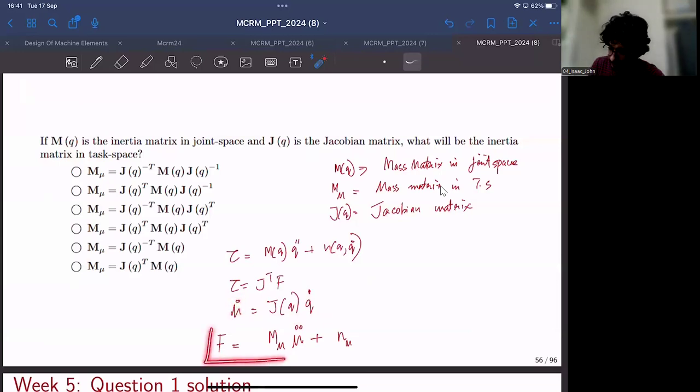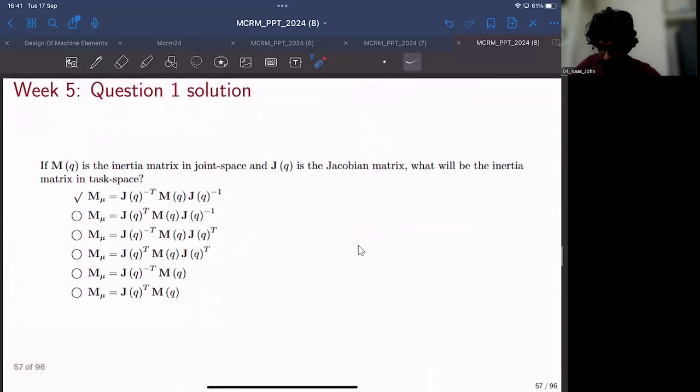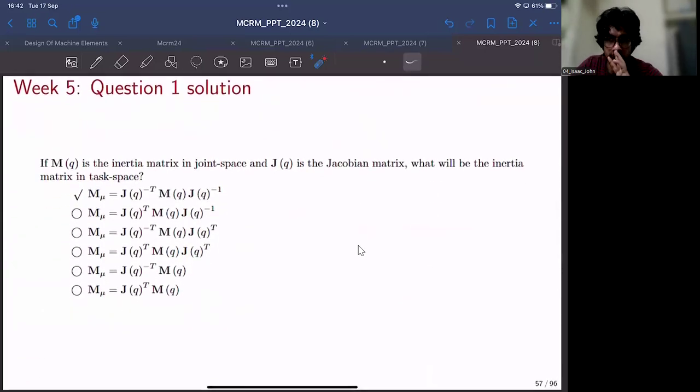And finally, you will get something in this form. Just take the coefficient of mu double dot, and you will be able to obtain the correct expression for M of mu. So that is about that question, and you will get the correct answer once you do that.